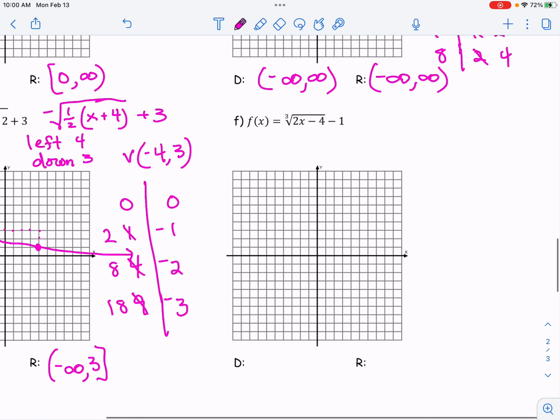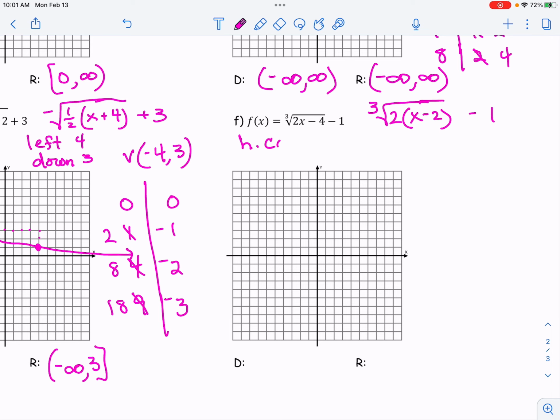First thing I'm going to do here, got to factor out that 2. This is a cubic function, so transformations here would be horizontally compressed by 1/2, right 2, and down 1.